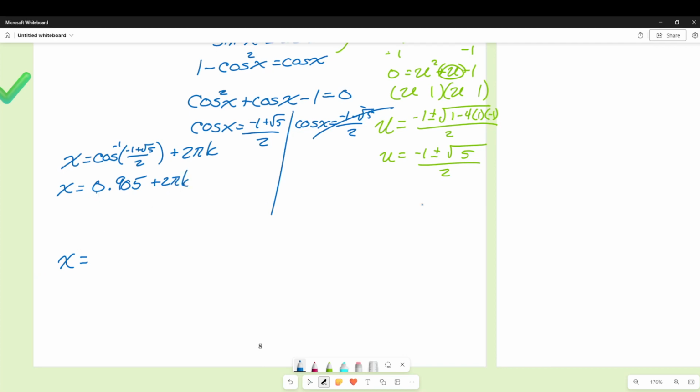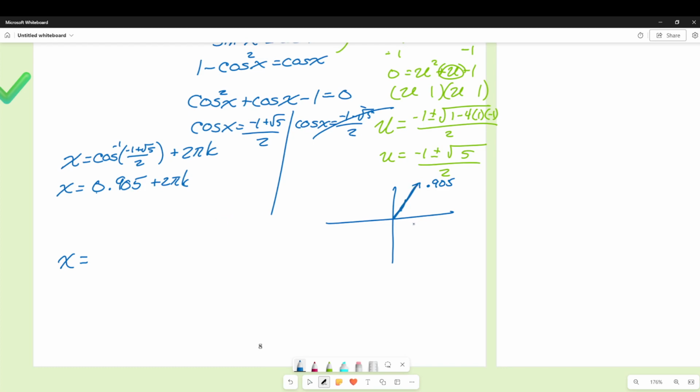Now again, that's an angle, remember. This is a positive number. The square root of 5 is bigger than 1, so it's a positive number at an angle of 0.905. So it's in quadrant 1.